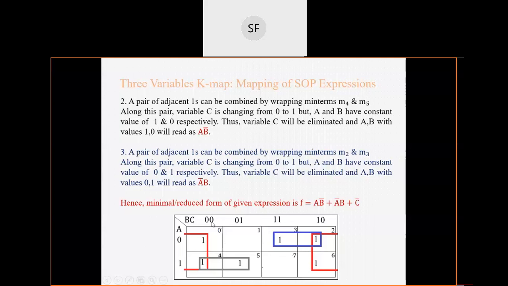Here it is 0 and here it is 1. Since it is a pair, it will eliminate only one variable, the one which is changing its value. Here the variable C is changing its value from 0 to 1, but A and B have the constant values of 1 and 0. The value of A is 1 and the value of B is 0.